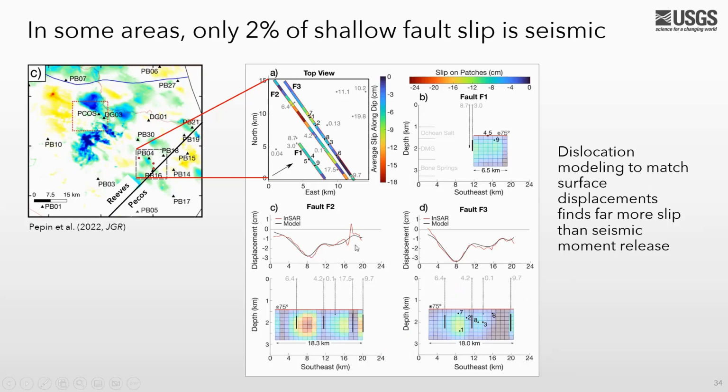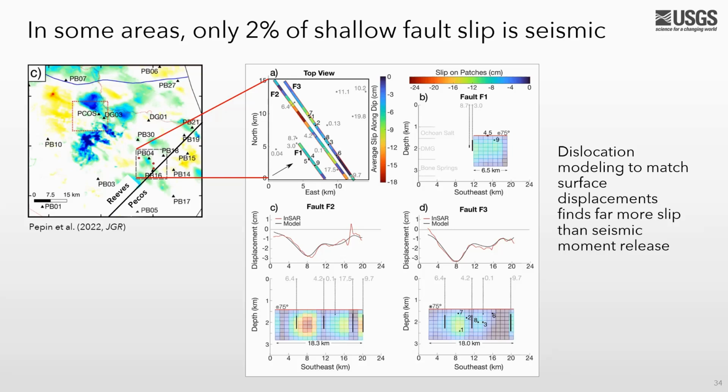And what's especially interesting to me about this is that if you look at the amount of offset on these faults, which goes up in some places, they estimate, over 20 centimeters of offset over a few years, there's not nearly enough seismicity recorded at the surface to explain all that.